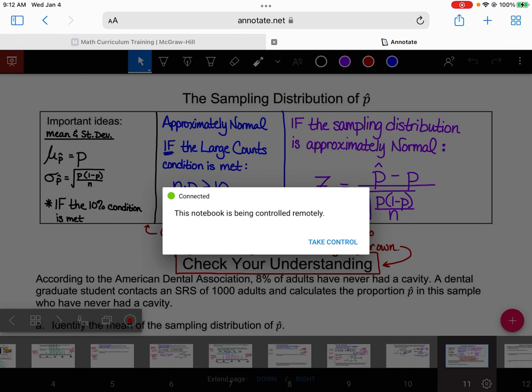When you're done copying down the big ideas, I want you to try to check your understanding on your own.